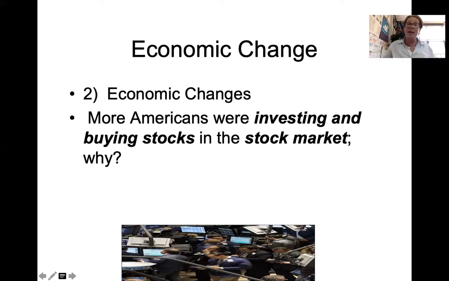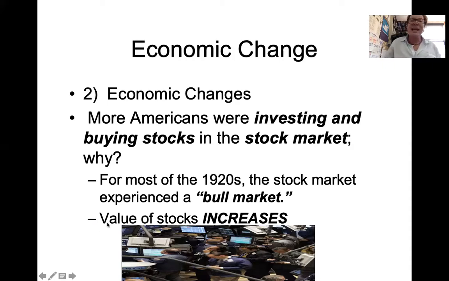So why are they becoming so invested in the stock market? The answer is because if you look at the vast heart of the Roaring '20s, the stock market, again, the buying and selling of shares or stocks in companies or corporations, experienced what we call a bull market.